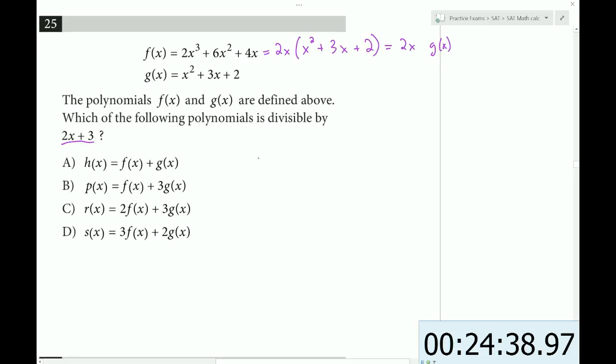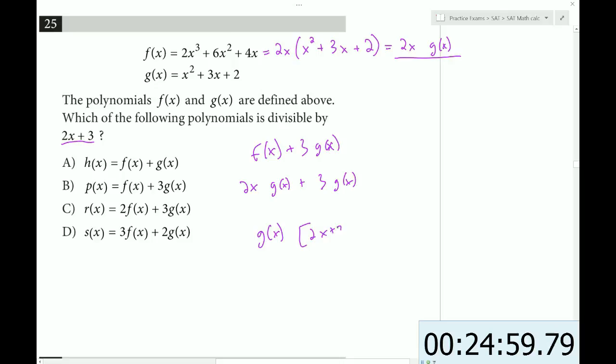So if I take f of x and I add that to 3g of x, then f of x is also equal to 2x g of x, right? So let's rewrite that as 2x times g of x plus 3 times g of x. And then I could factor out g of x, and I would get 2x plus 3.